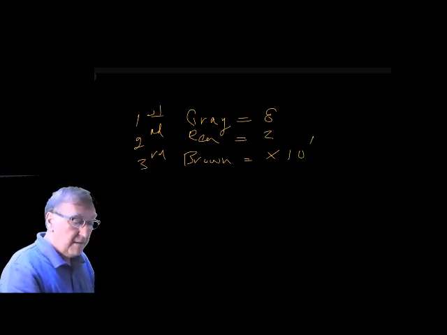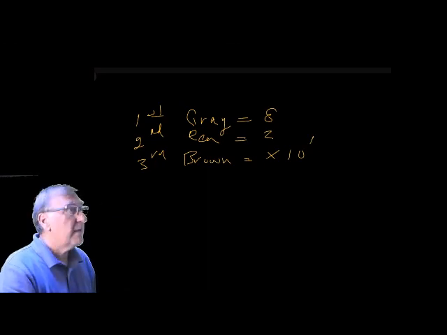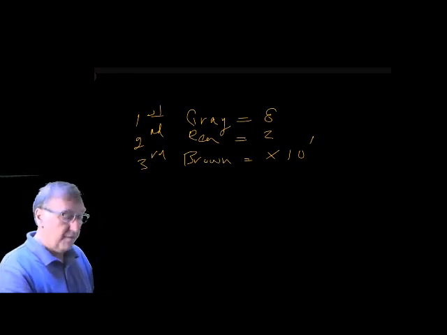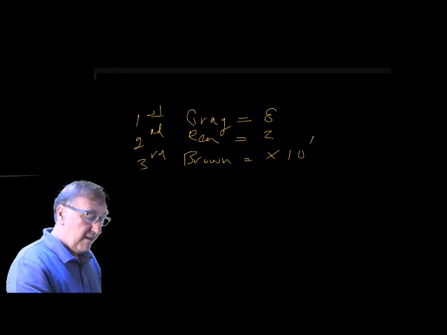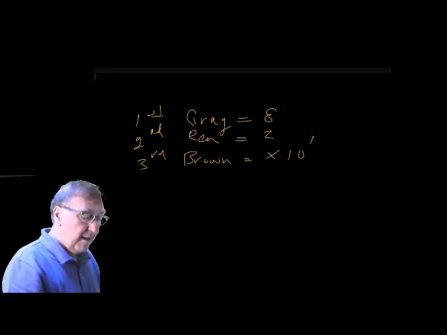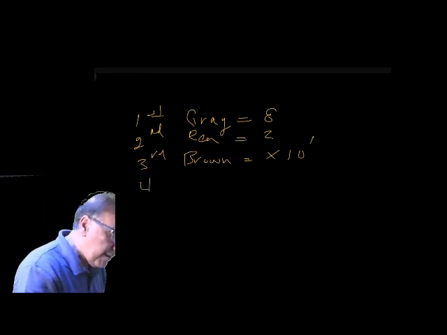If you had a red third band, it would be 10 squared, which is 100. So you would multiply the first two bands. In other words, 82 times 100, and that'd be 8,200 ohms. The fourth band is the tolerance band, and it's gold, and that is plus or minus 5%.